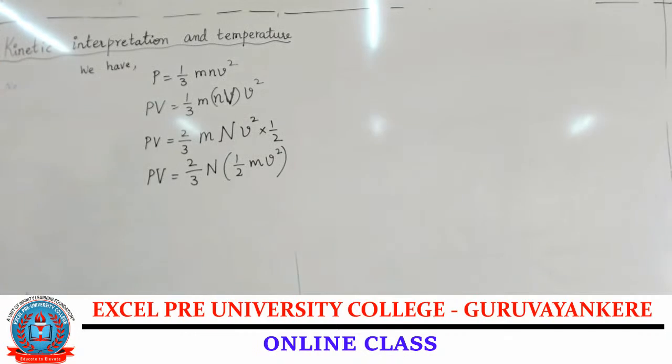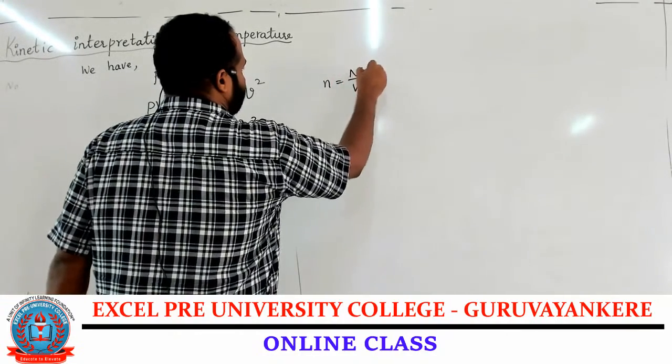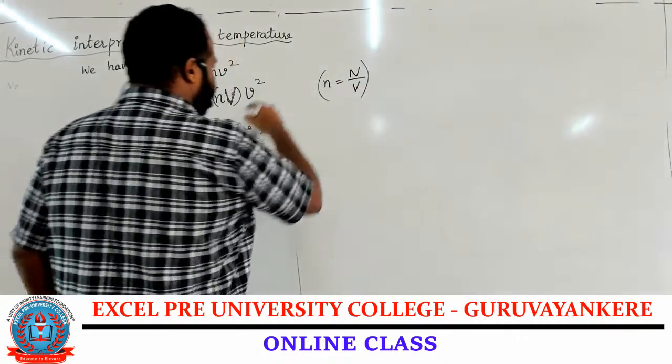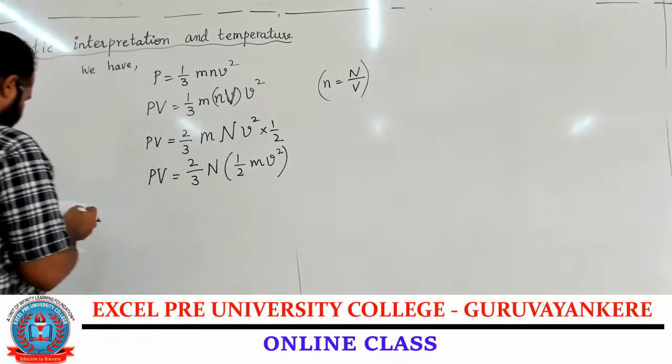This is PV, where capital N, with small n the number of molecules per unit volume, so capital N can be small n into V. Now this is kinetic energy, right? This is kinetic energy.